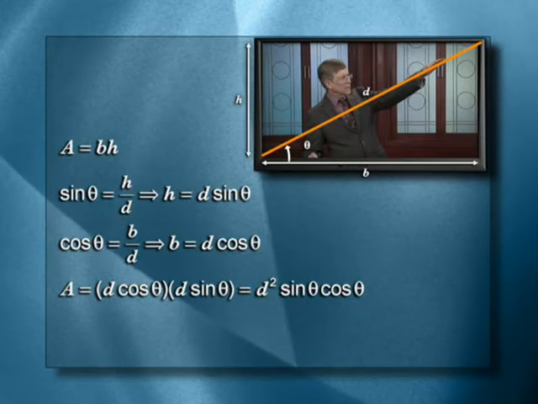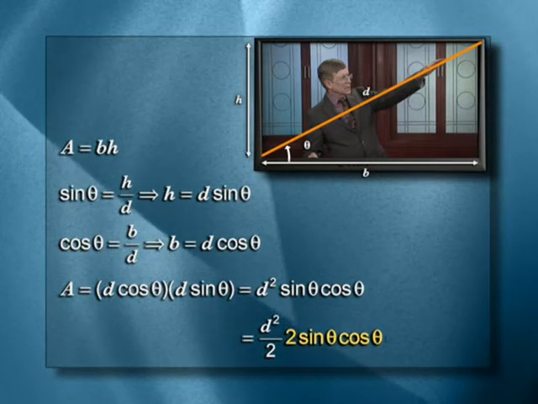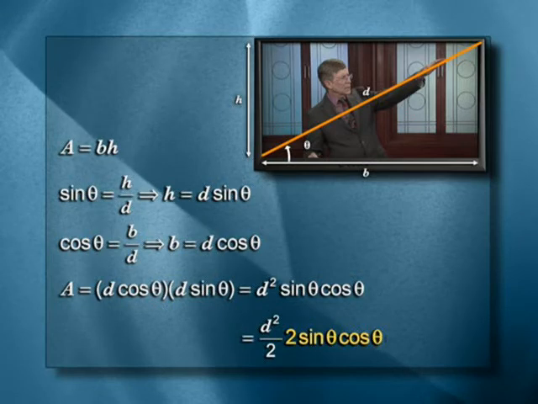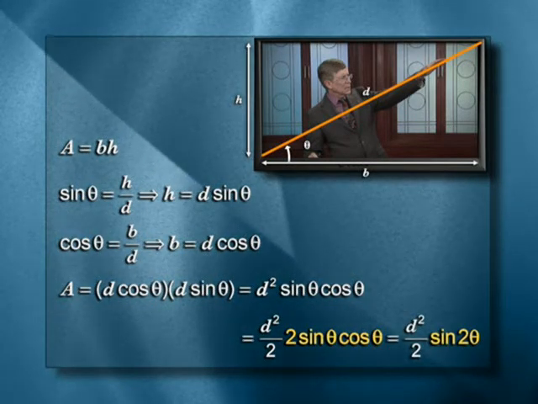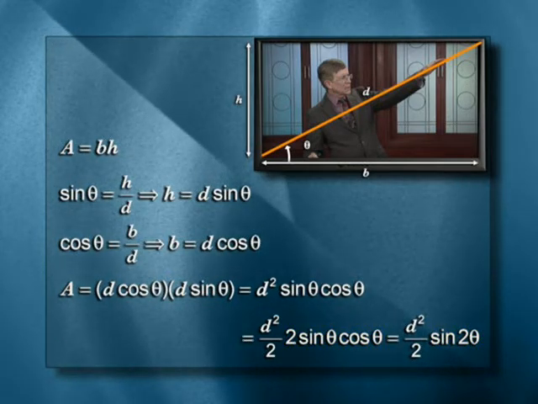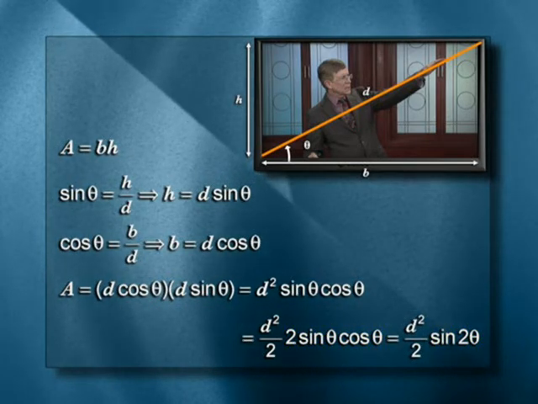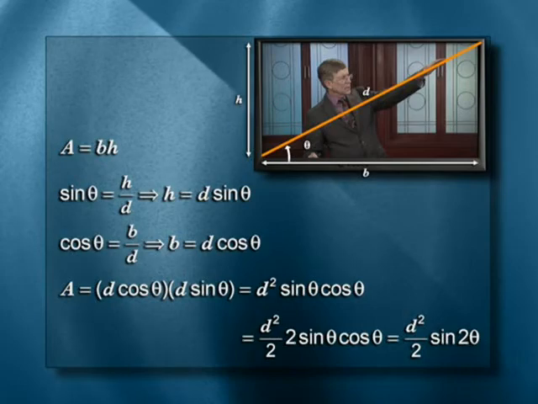And now I can do a little trick: multiply that by 2 and divide by 2, and magically you see the expression 2 sine theta cosine theta, which is nothing more than sine 2 theta by one of our new formulas. So I've expressed the viewing area as D squared over 2 times sine 2 theta. You give me a value of D and a value of theta, I'll tell you the viewing area.